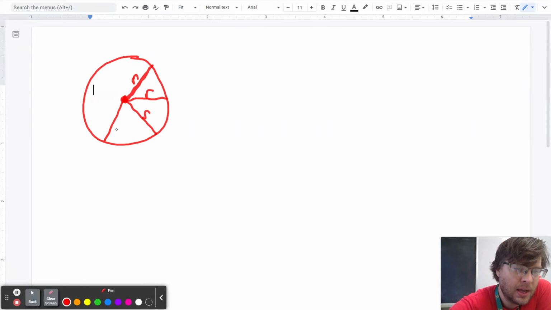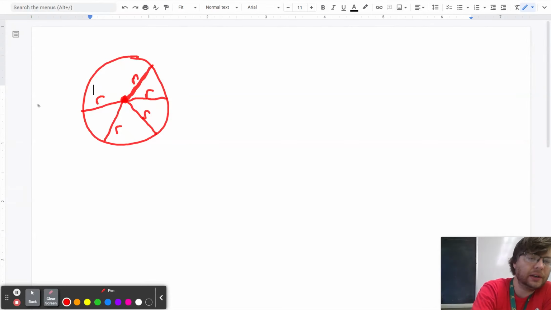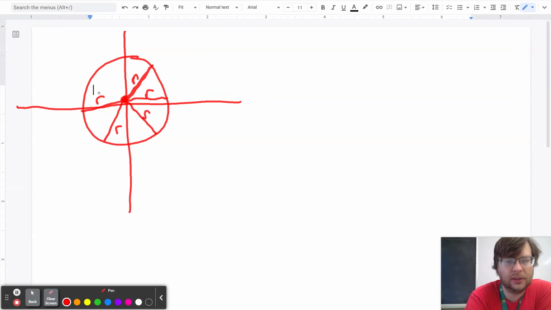Okay. So it may not be obvious, but no matter how I draw the radius of the circle, I can actually create a right triangle out of it. And the way I create a right triangle is by imagining two axes going right through the center of the circle.